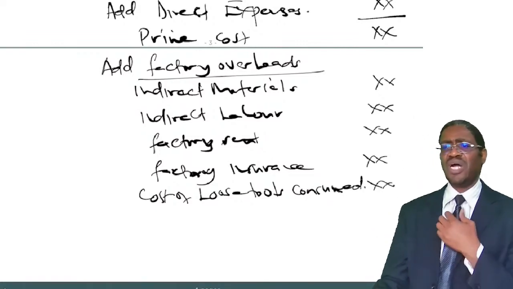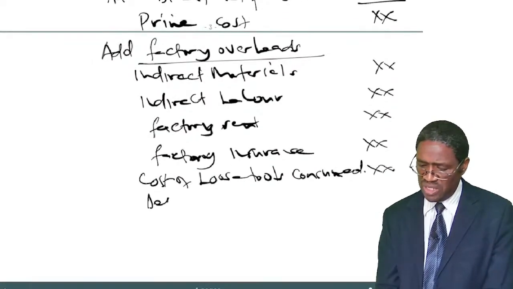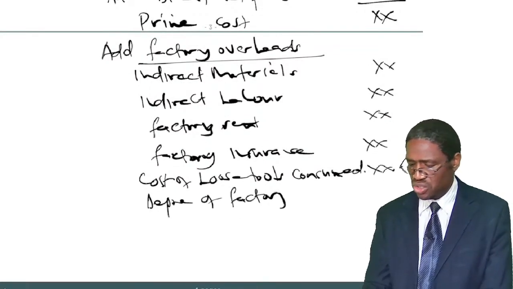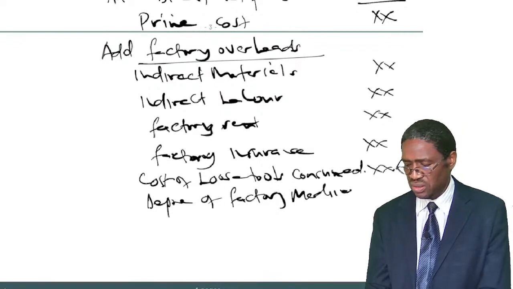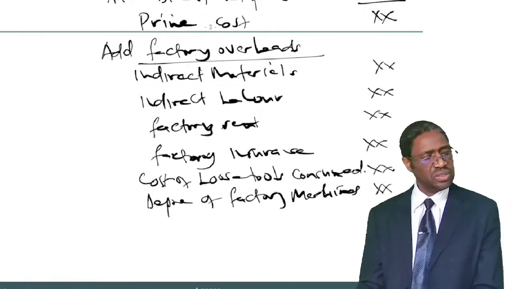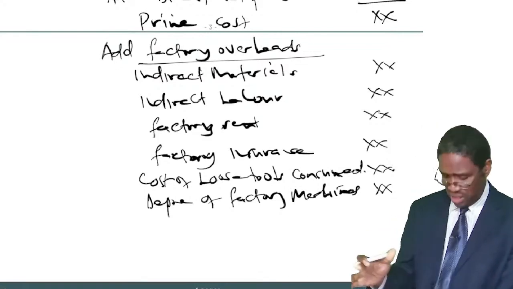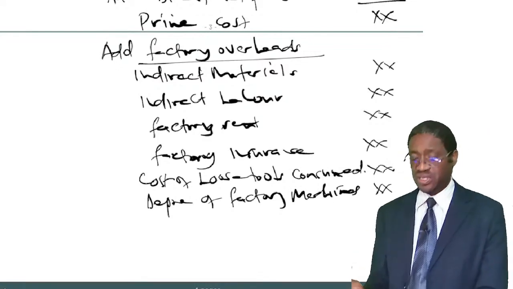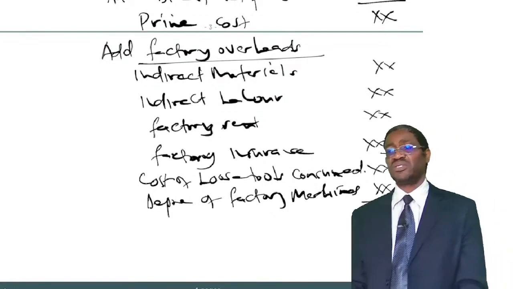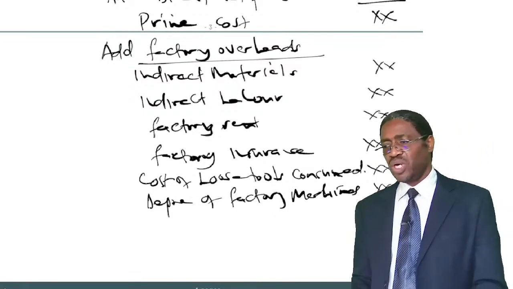So let me for now assume we can also add depreciation of factory machines. Whatever it is, good. That's just a few examples of the factory overheads. Get the totals. And I want you to listen carefully now. There is something I want to add there.